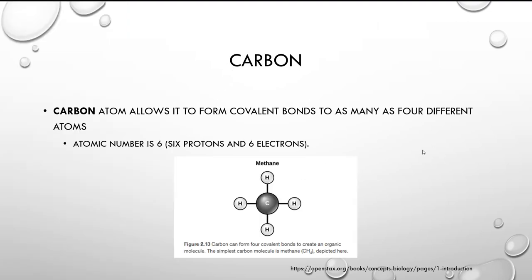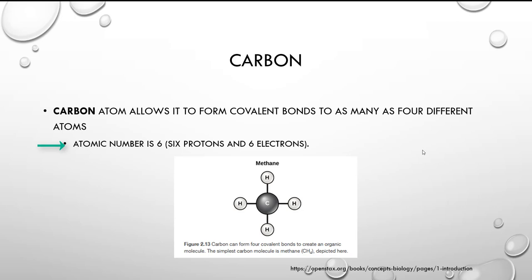But before we get into the 4 major macromolecules, we need to dive into the major element that is part of all 4 of those macromolecules, the carbon atom. We haven't really discussed the carbon atom in detail yet. If we recall from back in topic 2, the carbon atom has an atomic number of 6.